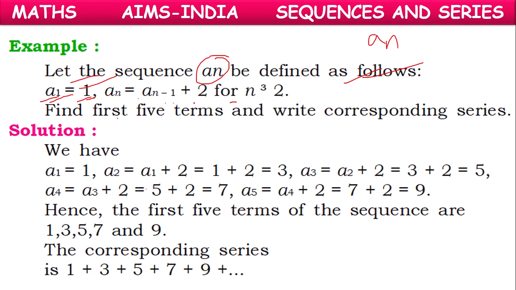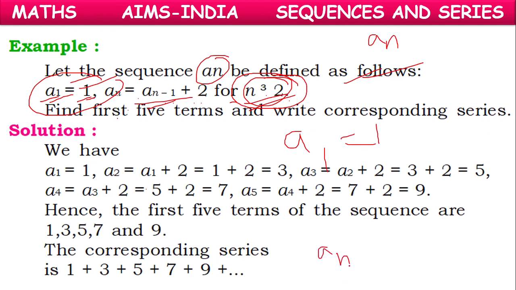So we have A1, the first term, with value 1, and A N equal to A N minus 1 plus 2, which means any nth term can be obtained by adding 2 to its previous term.